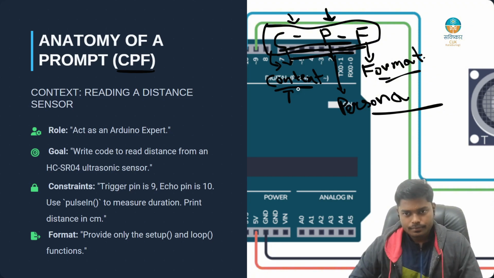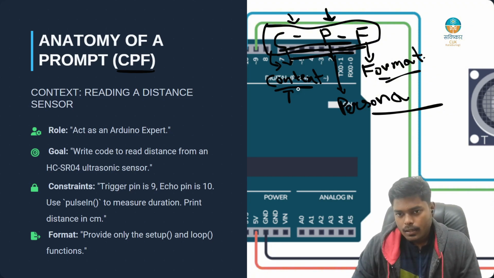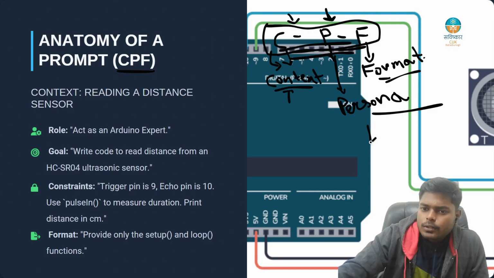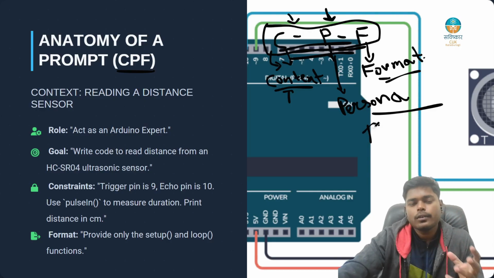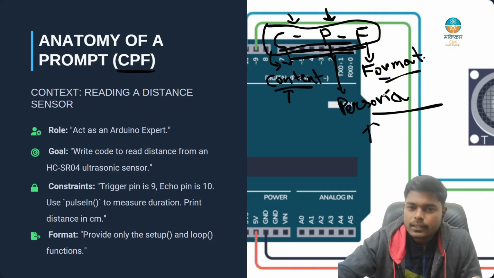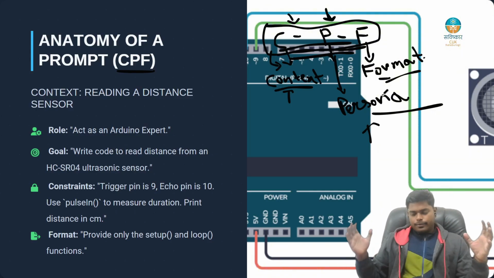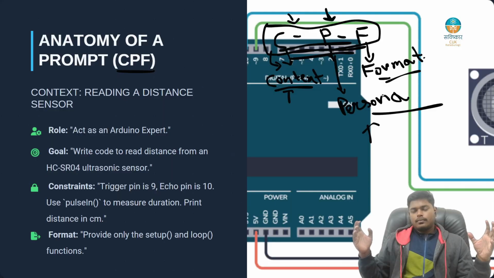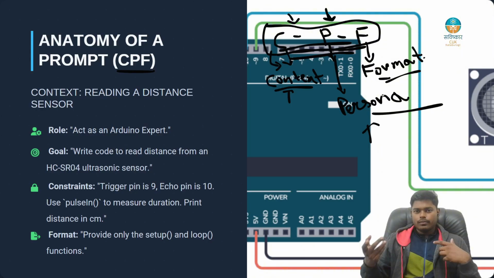This is the context. What about the persona? Persona means from what point of view you want the output to be. For example, if I want to make a robot which can walk and jump.